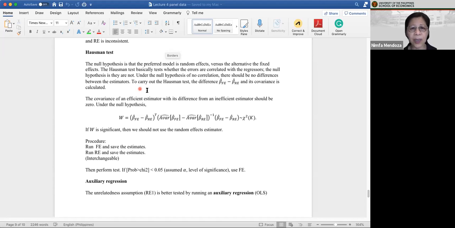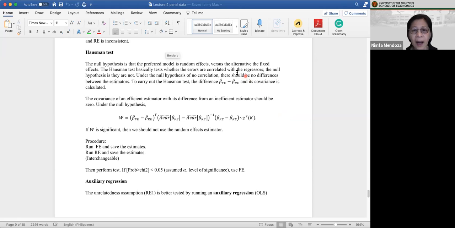To carry out the Hausman test, you look at the difference between the fixed effects estimates and the random effects estimates, and its covariance is calculated. Generally, when we do tests of hypotheses, we need the covariance of the estimators or some function of the estimators.